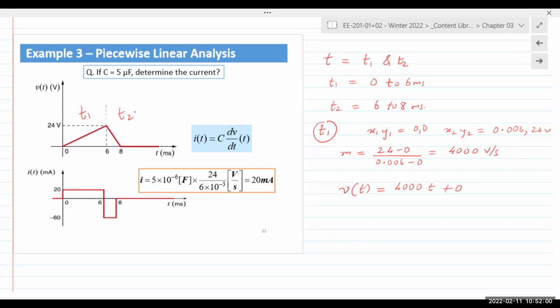Similar to example 1. Does that make sense? Okay. The only thing that is different here is basically breaking up the time period and generating the equation. In examples 1 and 2, the equation was already given to us. Okay, here we have to derive the equations ourselves.